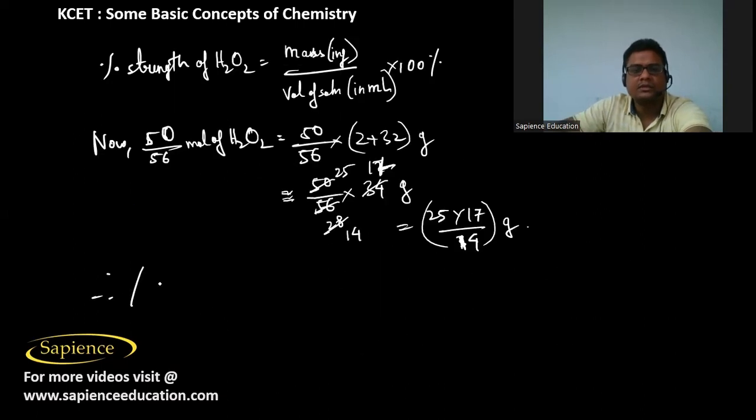Therefore, the percentage strength of the H2O2 solution will be equal to 25 into 17 divided by 14, divided by 1 liter, that is 1000 ml, into 100%.